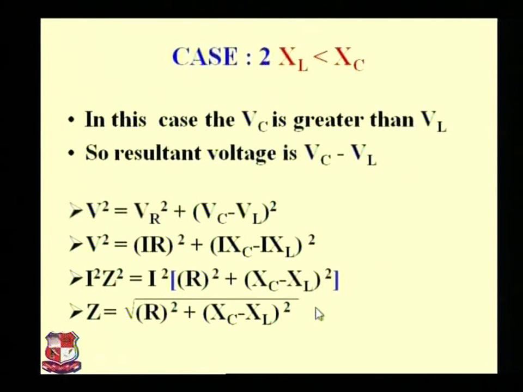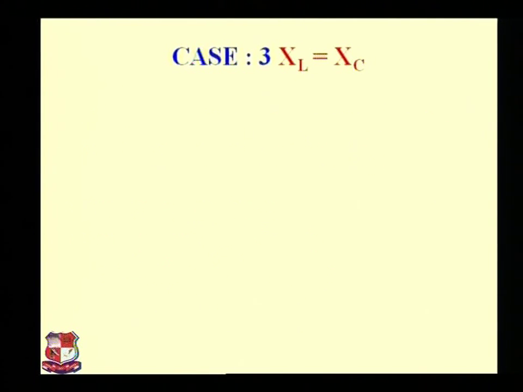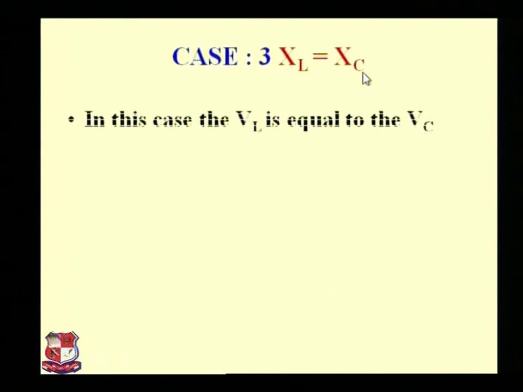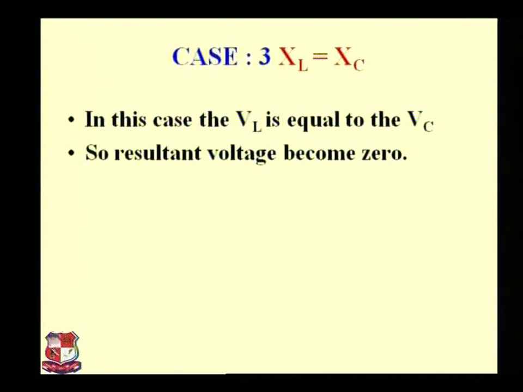And now we go with case number 3. It may happen that both reactances are the same, so XL is equal to XC. Inductive reactance is equal to capacitive reactance. In that case the voltage of the inductor and the voltage of the capacitor both become equal, so VL equals VC, so the resultant voltage becomes 0.